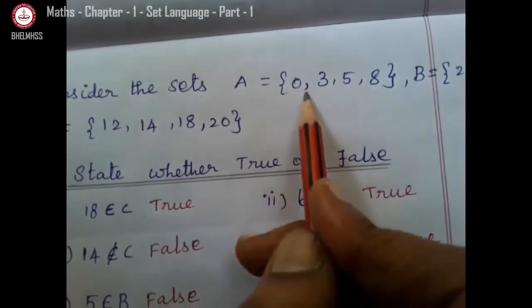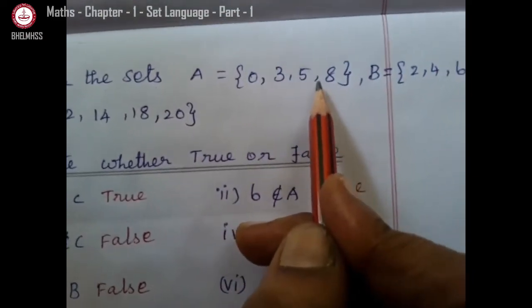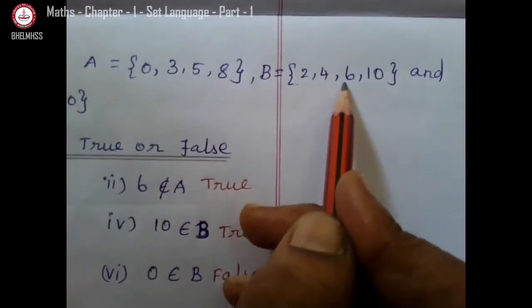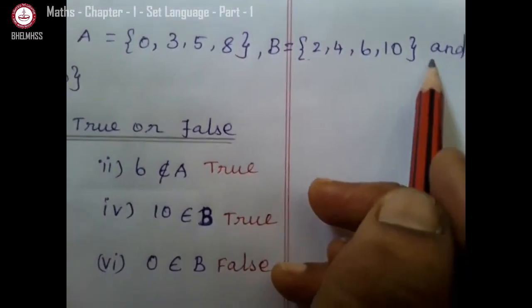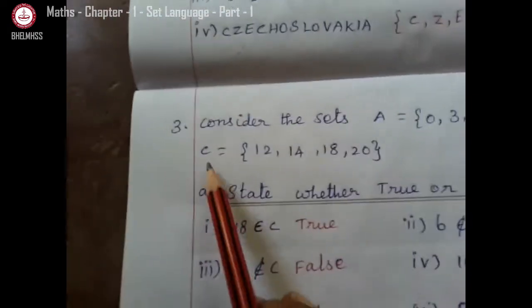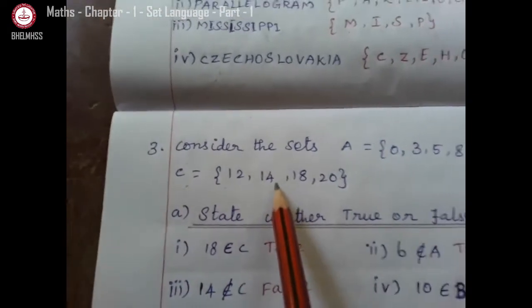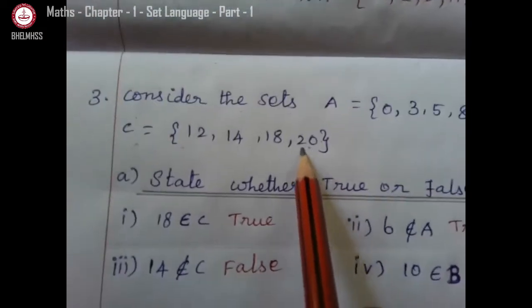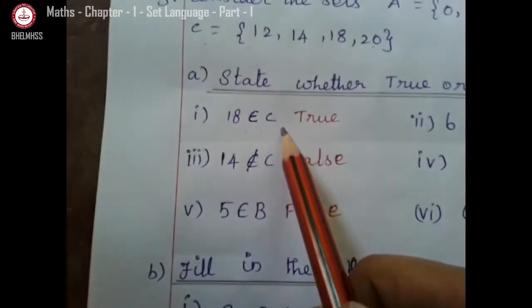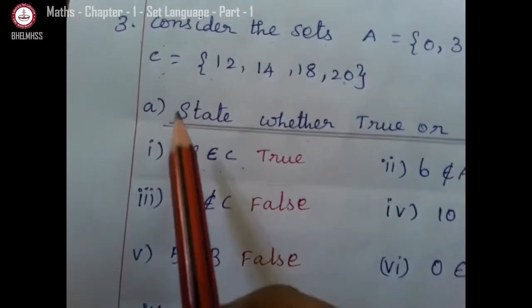The third sum, consider the sets. A equal to {0, 3, 5, 8}, B equal to {2, 4, 6, 10}, and C equal to {12, 14, 18, 20}. Now state whether true or false. 18 belongs to C. 18 is in the C set.